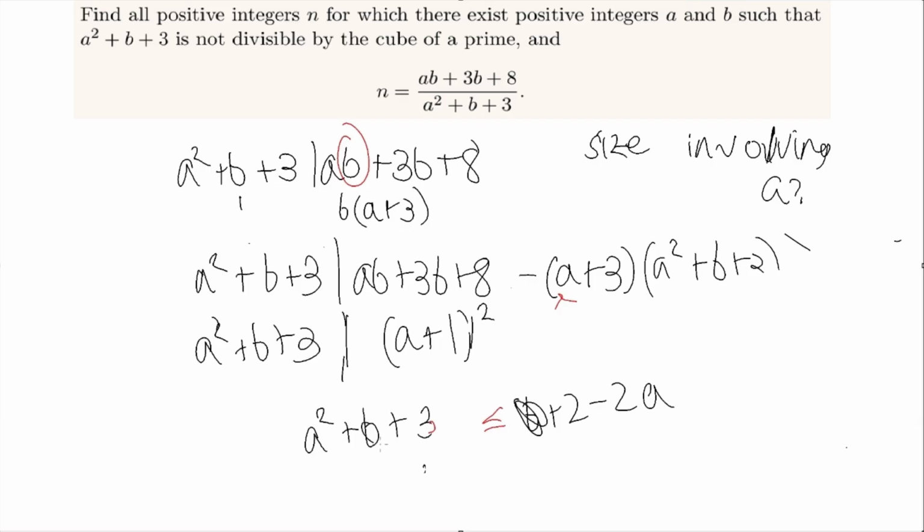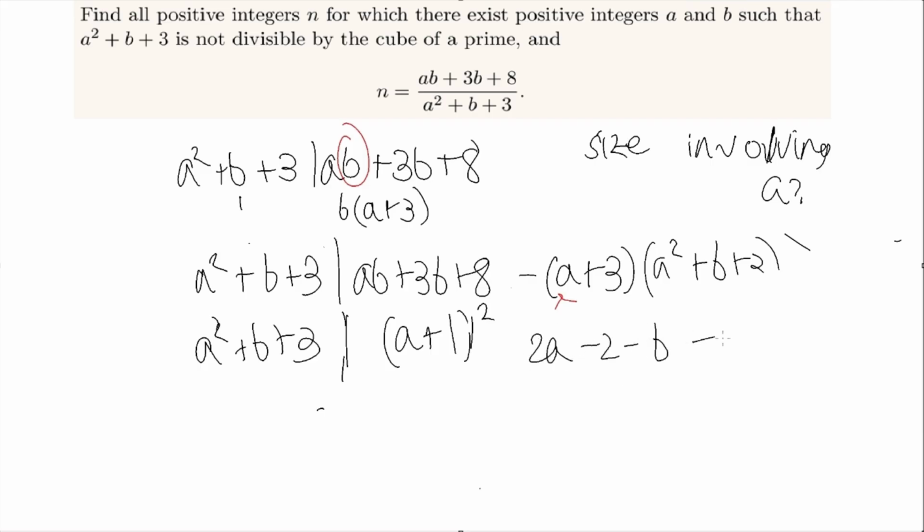Then this cancels out here, and what we're left with is a plus 1 squared is less than or equal to 0, but that implies that a is equal to negative 1, because then this is 0. And that's bad. So therefore, we must end up having that 2a minus 2 minus b is equal to 0, or b equals 2a minus 2.